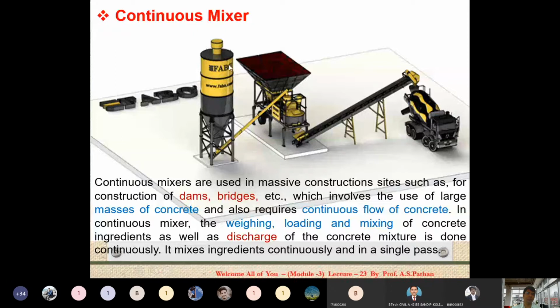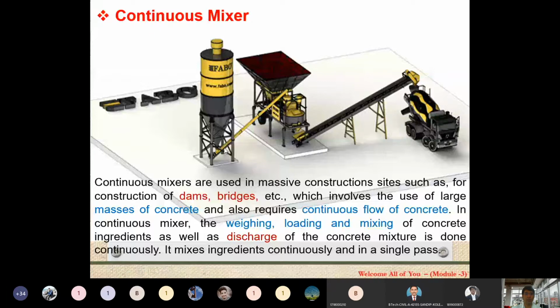So we have these silos. This is the continuous mixer. This is a silo in which the cement is stored. Then this is a pipe which is connected to the mixer, and this is the tray into which the coarse aggregate and the fine aggregate are discharged.